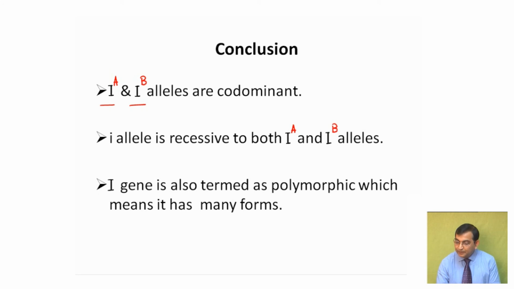Small i allele is recessive to both IA and IB alleles. Now, the I gene is also termed as polymorphic, which means it has many forms. So, this is also an important example of multiple alleles, that is blood groups in human.